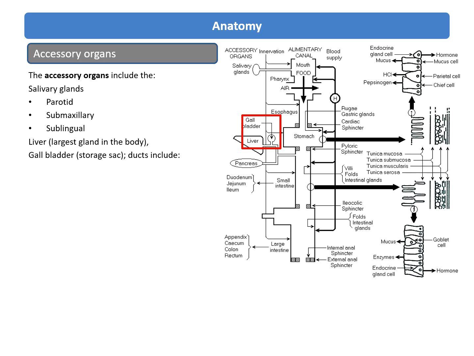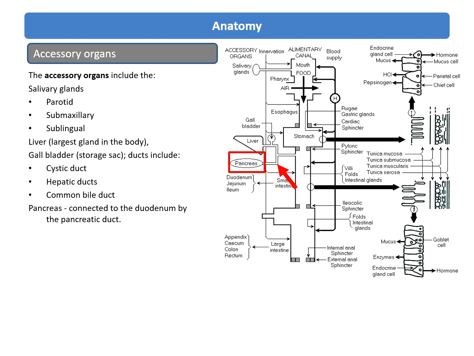It's connected with tubes or ducts, including the cystic duct from the gallbladder outward, the hepatic duct from the liver, and a common bile duct arising from the junction of the 2 just mentioned. Pancreas connects to the duodenum by the pancreatic duct.